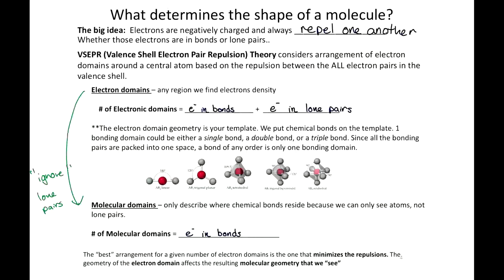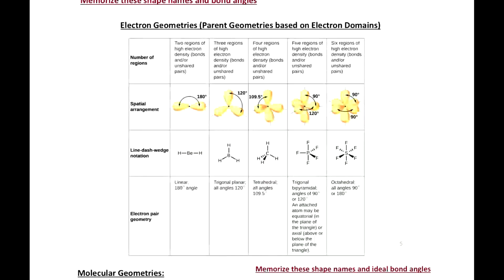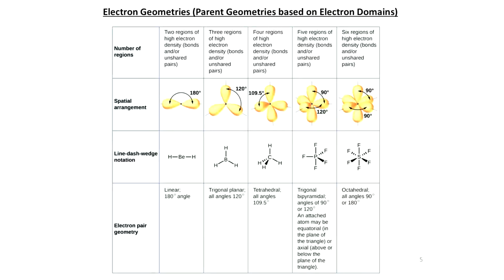All right, so this is what you need to memorize. These are our electron geometry shapes. Notice that all of these shapes depend on how many electron domains there are around an atom. So the first step you should always do is count how many electron domains are around the central atom: 2, 3, 4, 5, or 6.